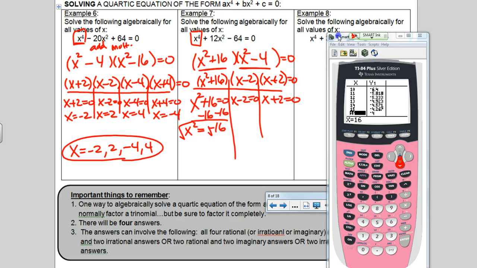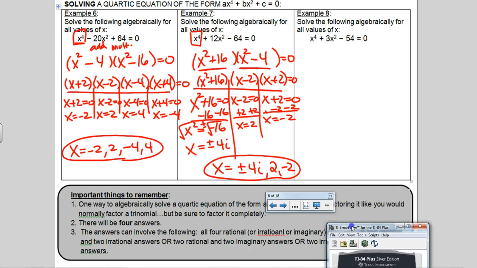Taking the square root, don't forget the positive and the negative. And we have a negative underneath the radical sign. That's going to imply an i, and the square root of 16 is 4. So it's positive and negative 4i. So there's our two answers, and then we have two more. So our answers are equal to positive and negative 4i, 2, and negative 2.